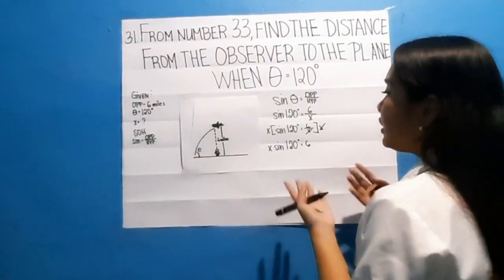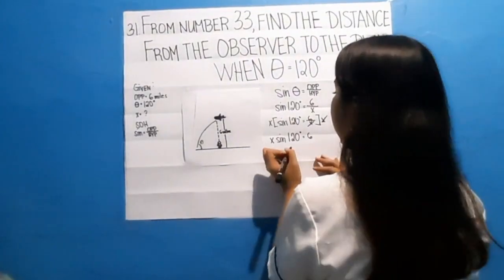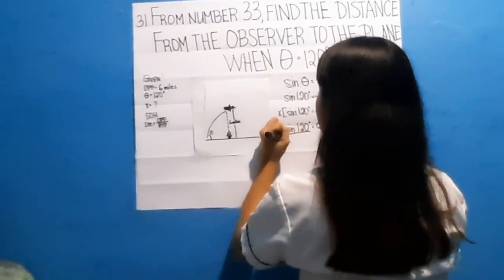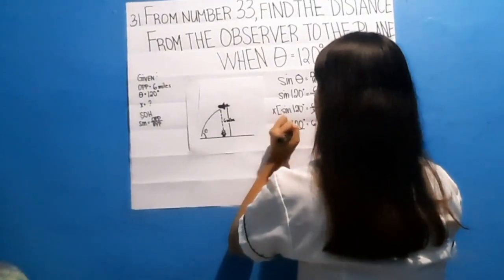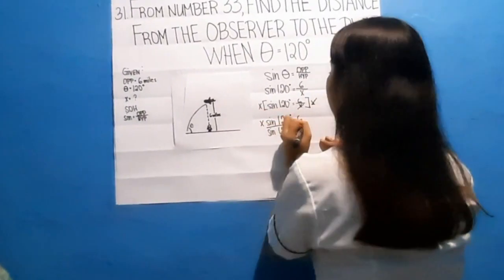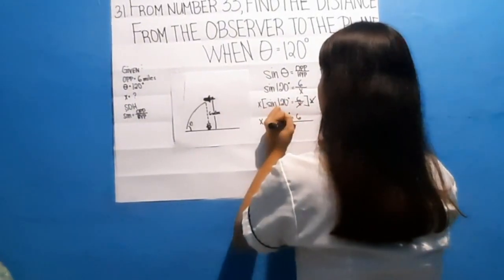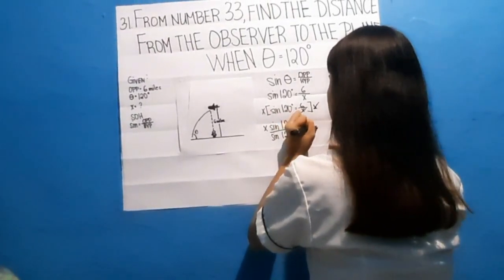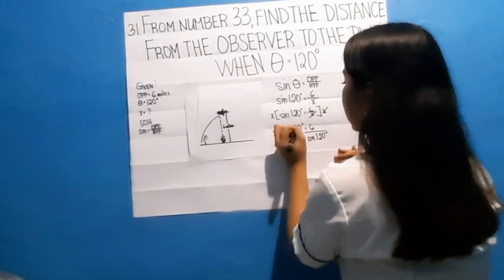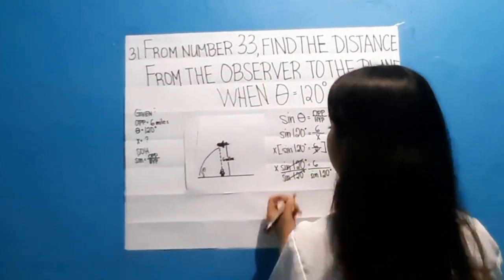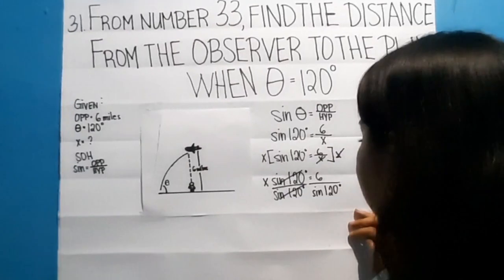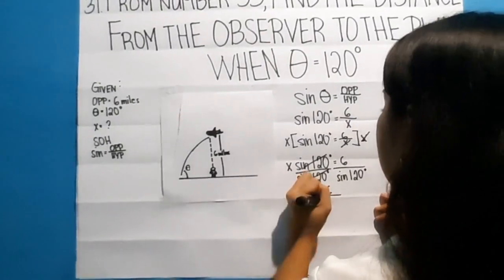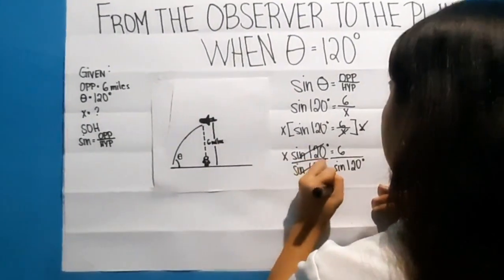So we're still not done yet. So we will divide by sine 120 degrees on both sides, and also the 6. So we will cancel this, and then we're left with x equals 6 over sine 120 degrees.